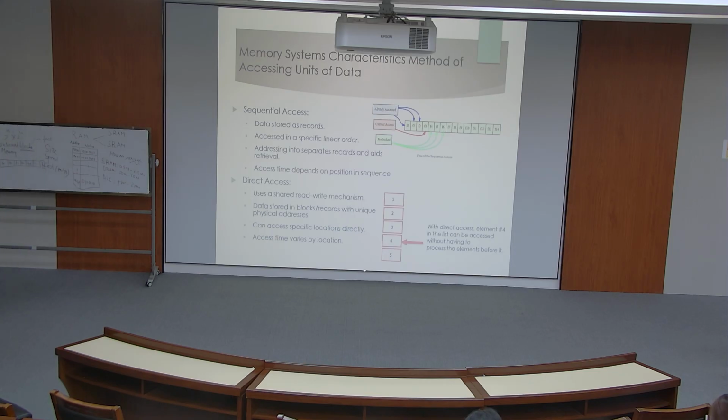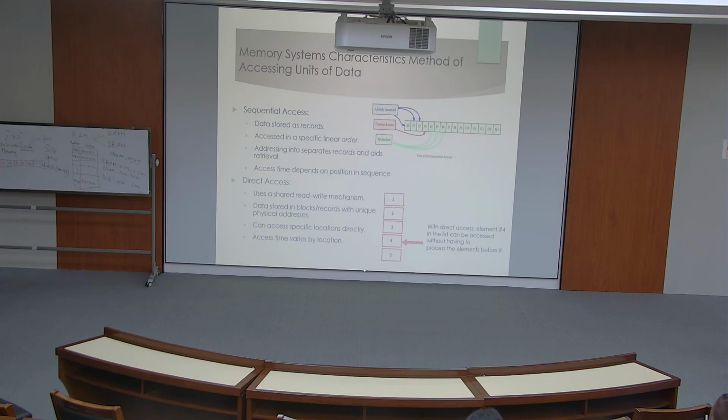For sequential access, data are stored as records, and access is done in a specific order, in a specific sequence. We have address information which separates the records, and it helps to retrieve the data.